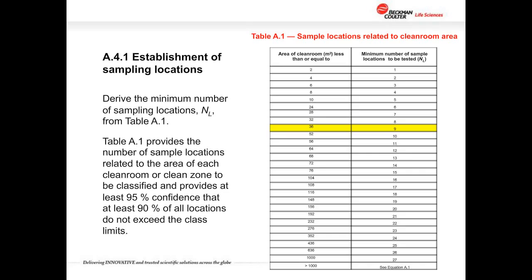Well, square root of 36 would be 6. However, the chart today says the number needs to be 9. And again, this is based on the effort to try to make a stronger statistical platform to make our decision that, yes, the room meets that criteria with reasonable confidence, with 95% confidence of that. So you'll find in most cases similar modest increases in the number of points spread throughout the area.